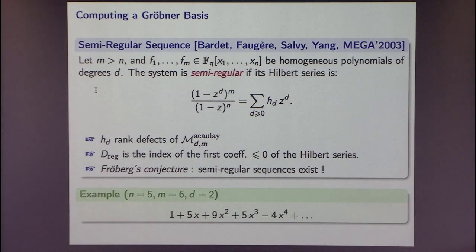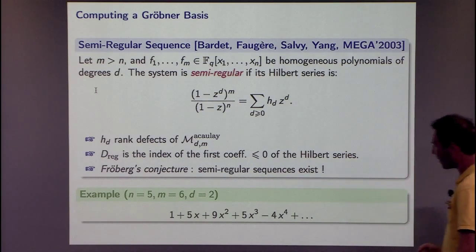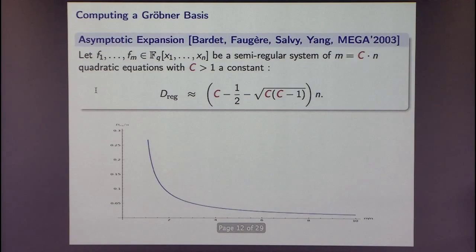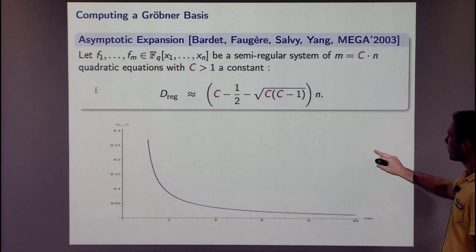The issue is that up to now, it's difficult to find for any parameters an explicit family which have this Hilbert series. Okay? And so actually, here you have the Hilbert series, so you can put special parameters and get the degree of regularity and so the complexity. But what is more useful for what I'm going to present is to have bounds on the degree of regularity.